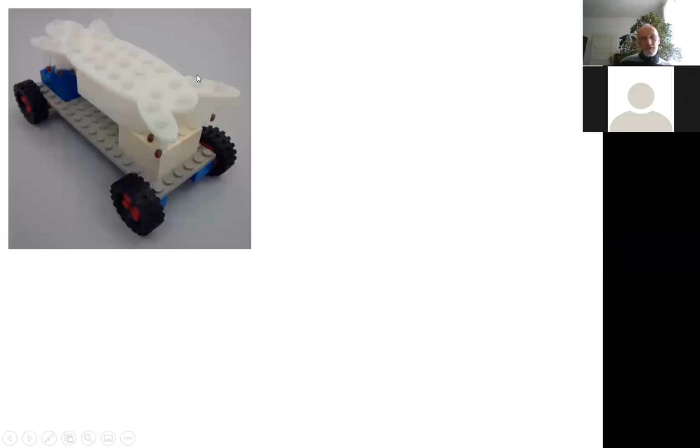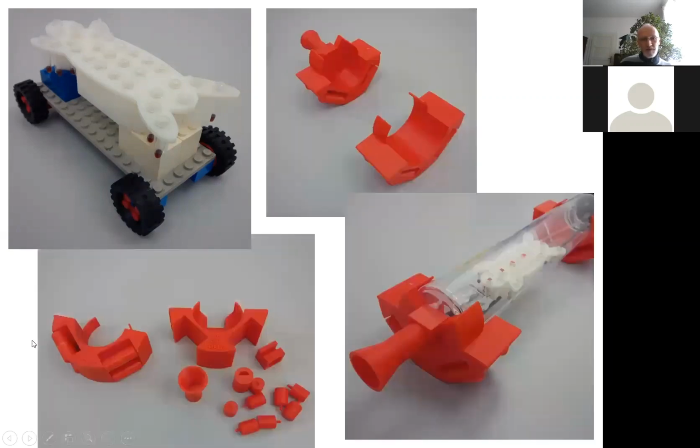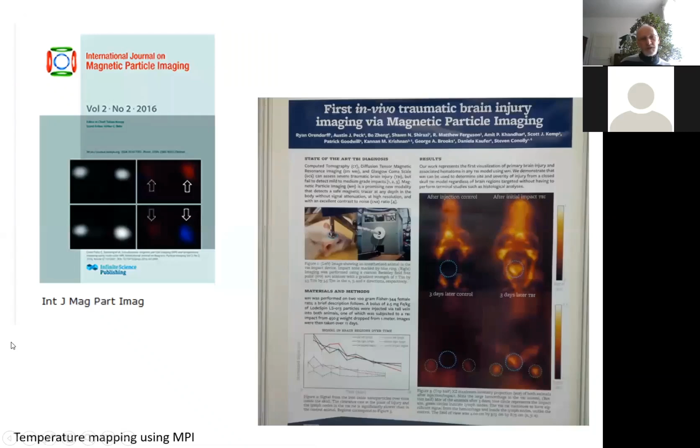First, this was the first carriage for the sample. We used Lego to move it back and forth in the magnet. Then we printed out a holder for rats and mice, which might be used for in vivo imaging. So in one direction, we can easily shift this and perform sequential scanning in the space.